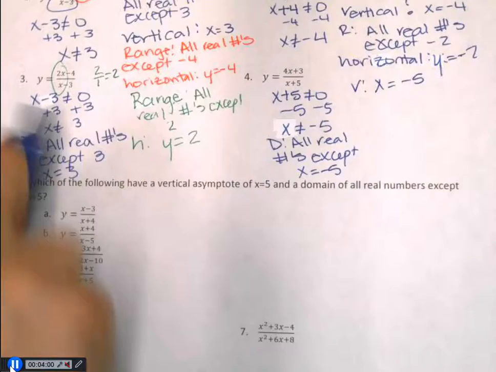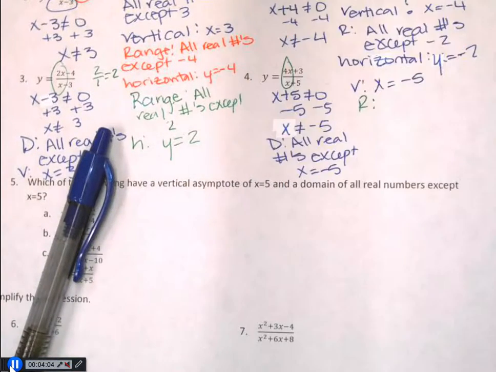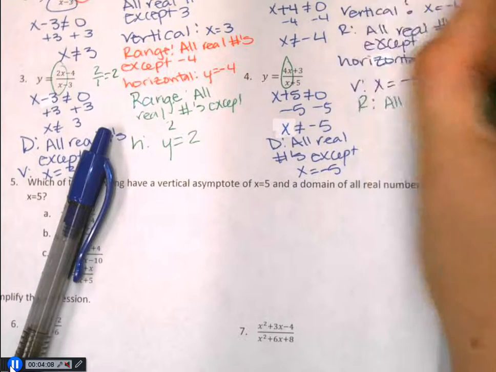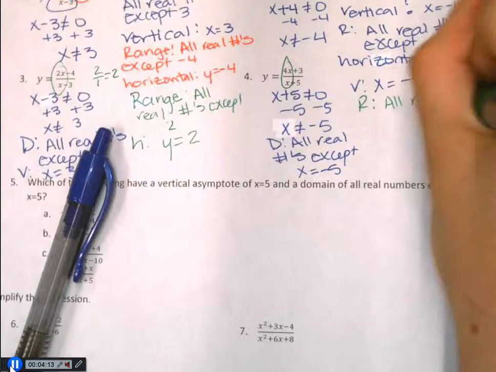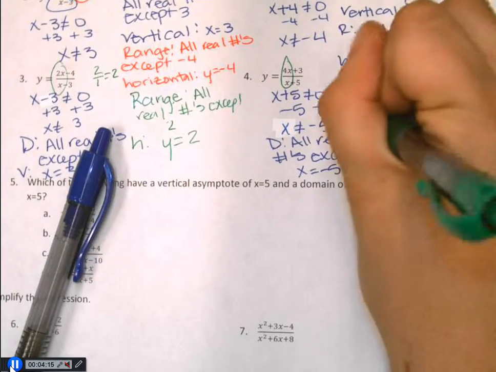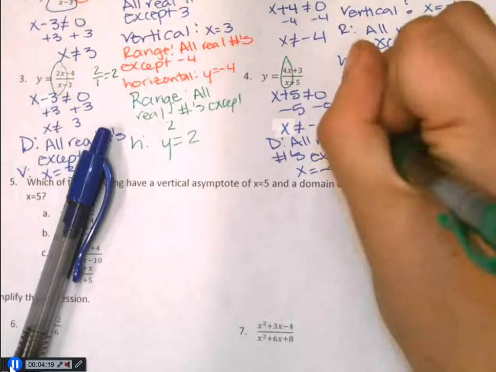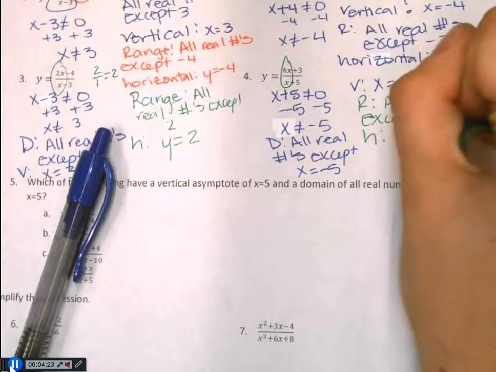My range is going to be, I divide the coefficients here, 4 divided by 1 is 4. So all real numbers except for 4. And then my horizontal asymptote is y equals 4.